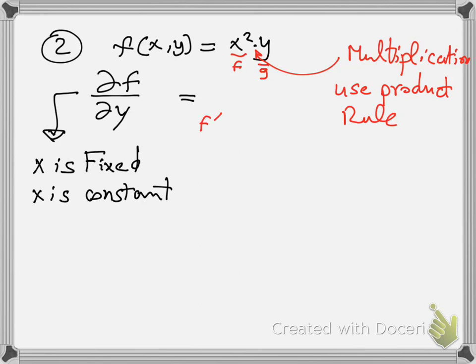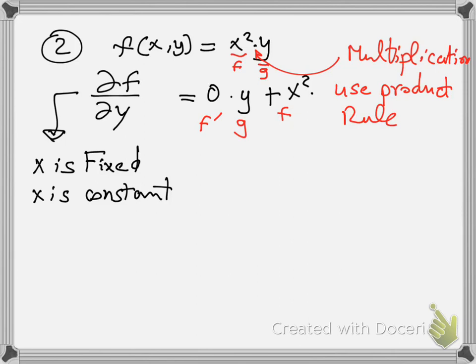So f prime here is 0 times g, which is y, plus f. What's f? f is x squared times g prime. g is y. What's the derivative of y?